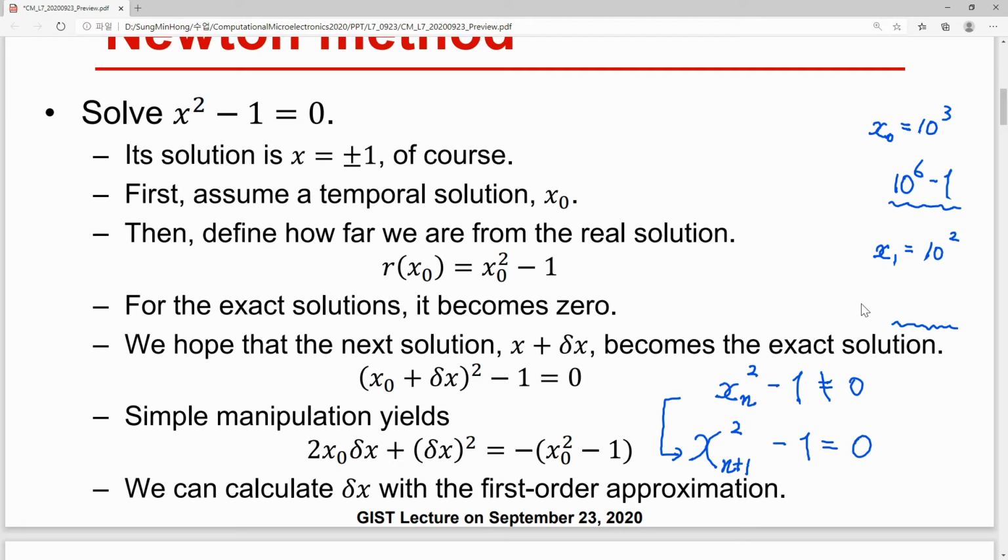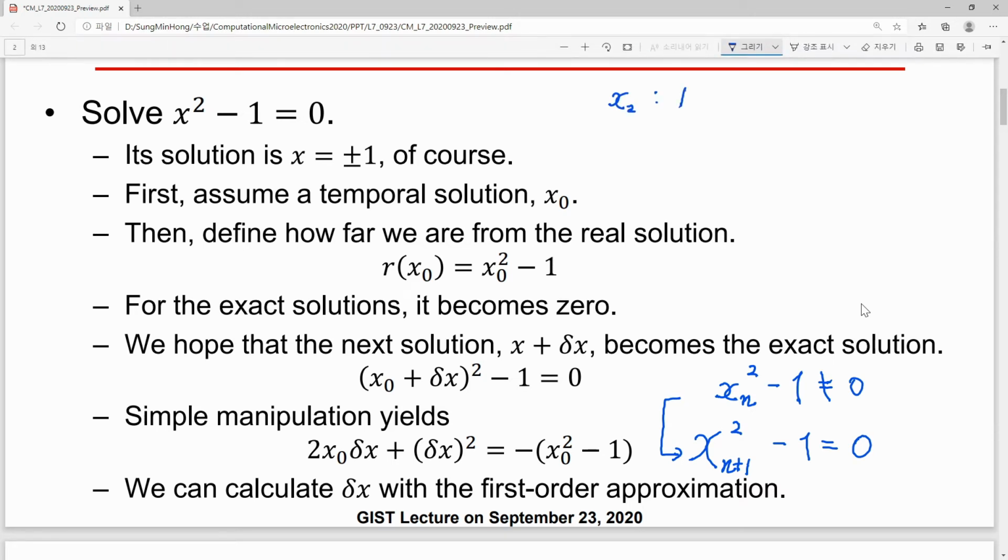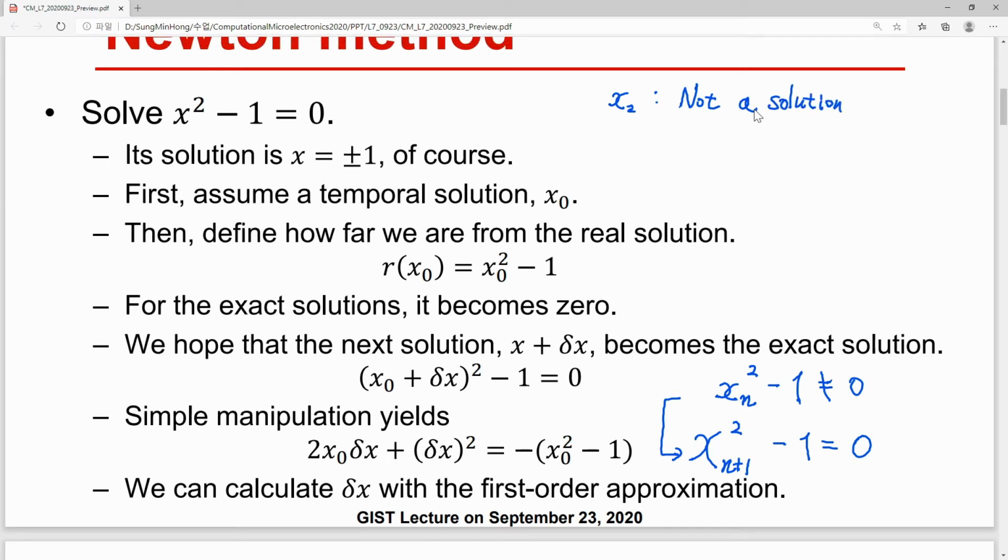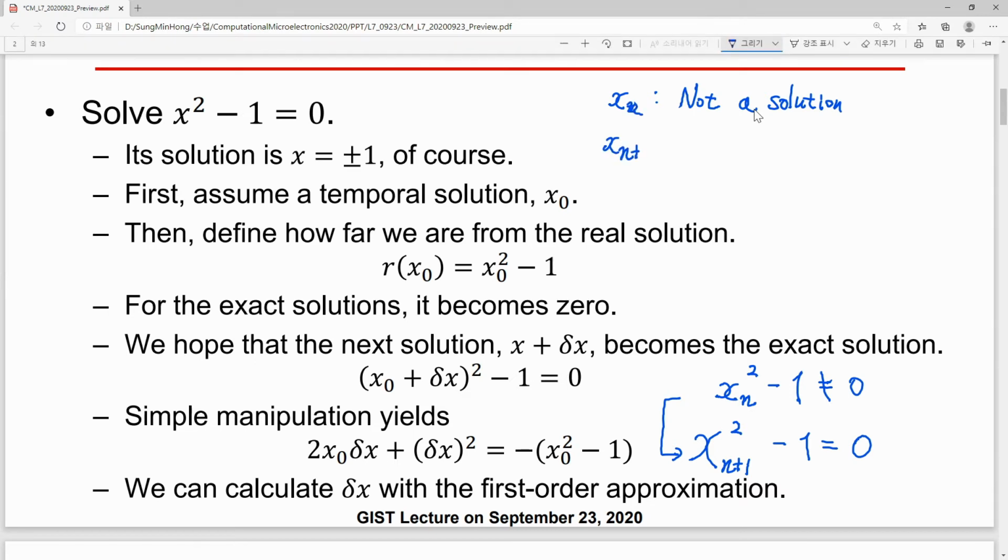Then how can we get the xn plus 1 which improves the situation? That's the trick. Although xn is not a solution, we assume that xn plus 1 is a solution.